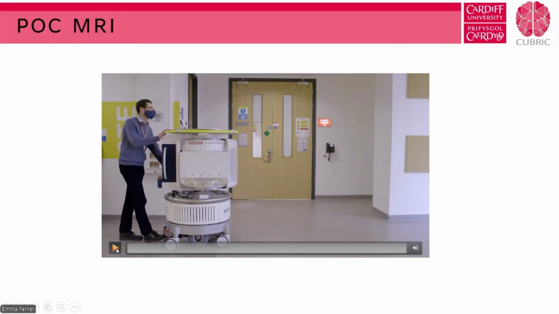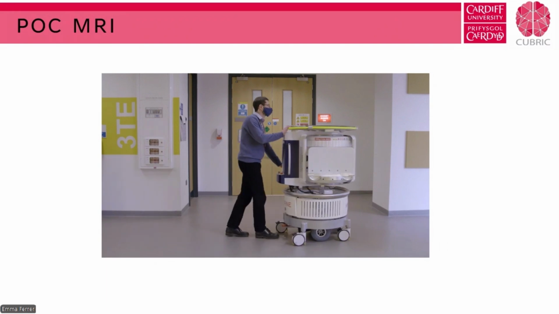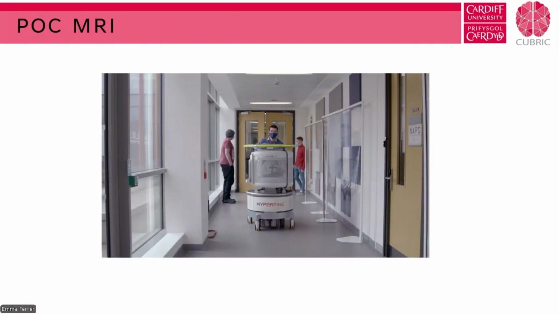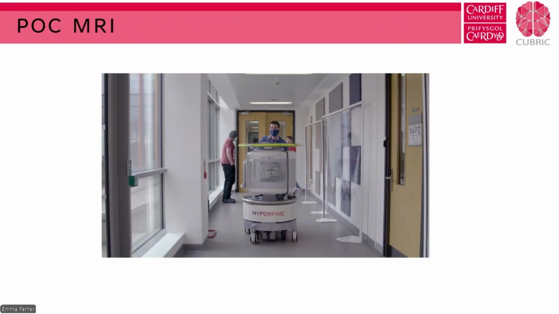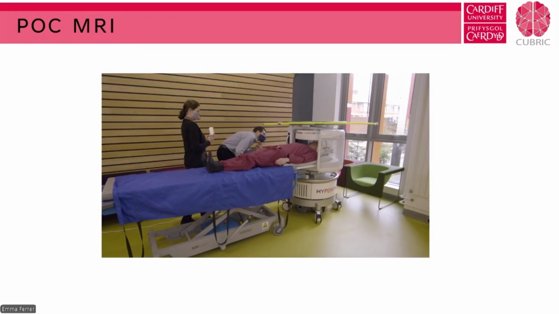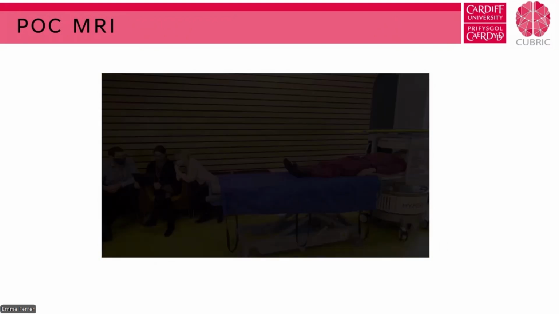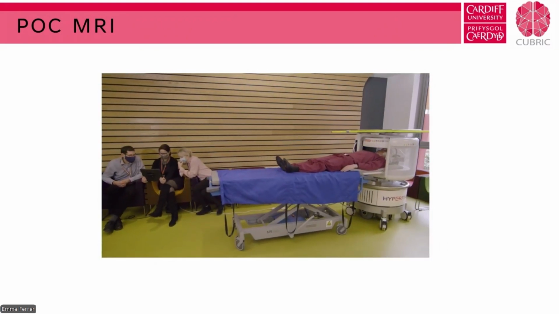This is an example of how the scanner is actually portable. This is John Evans, our MRI lab manager, wheeling this scanner across the corridors of Kubrick. And we have our patient that some of you may recognize being scanned here. And we are literally doing this in the corridor.